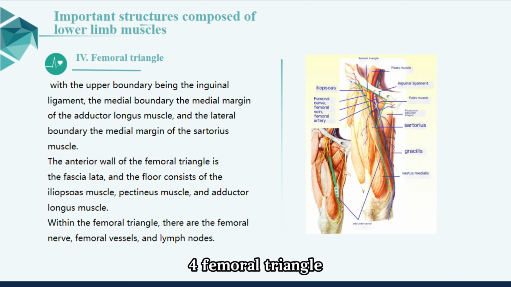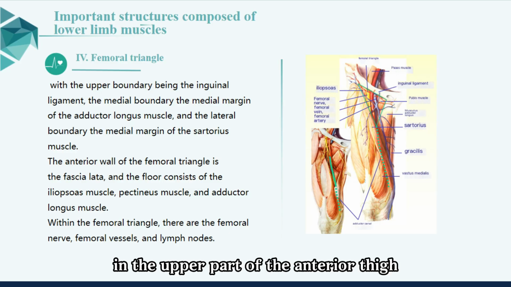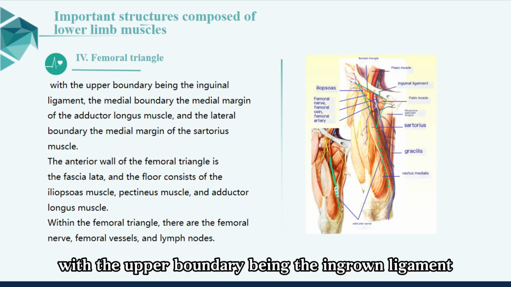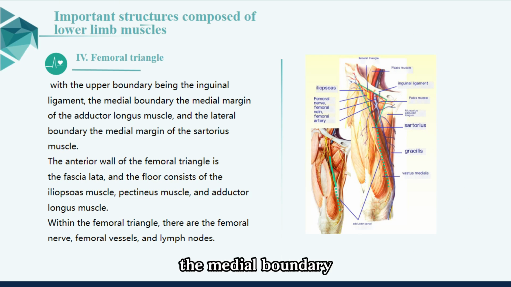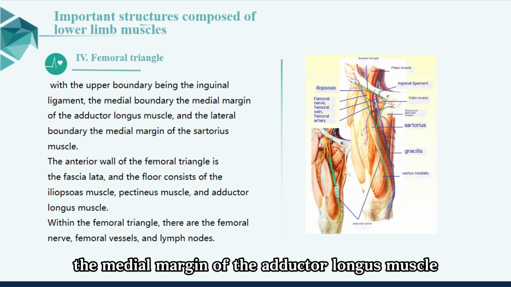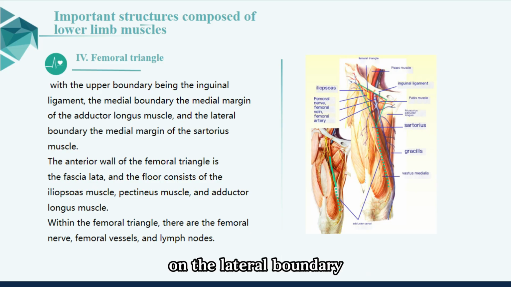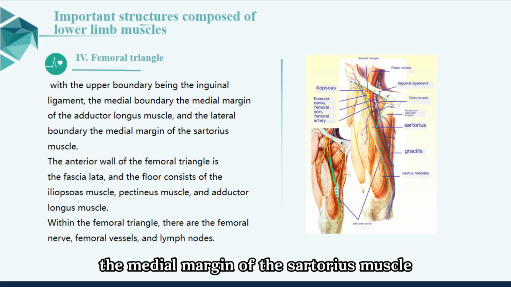4. Femoral triangle. The femoral triangle is located in the upper part of the anterior thigh, with the upper boundary being the inguinal ligament, the medial boundary, the medial margin of the adductor longus muscle. On the lateral boundary, the medial margin of the sartorius muscle.